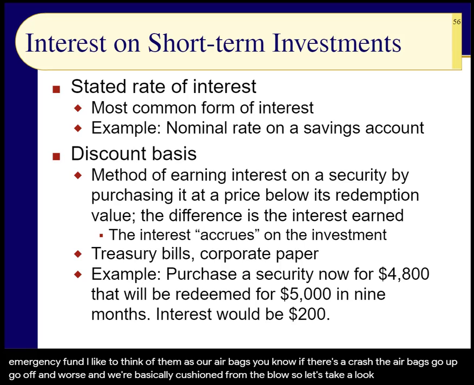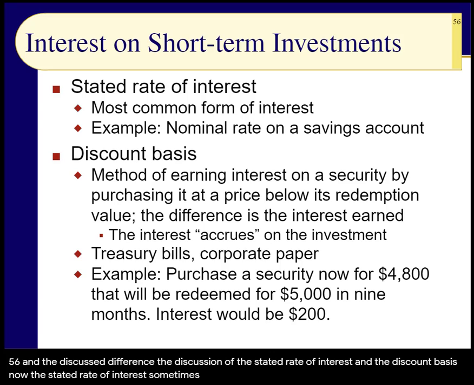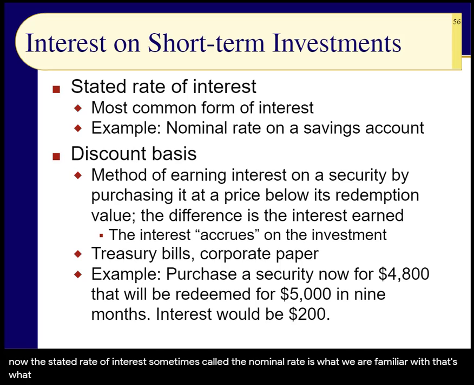So let's take a look at slide number 56 and the discussion of the stated rate of interest and the discount basis. Now, the stated rate of interest, sometimes called the nominal rate, is what we are familiar with. That's what we expect to see.